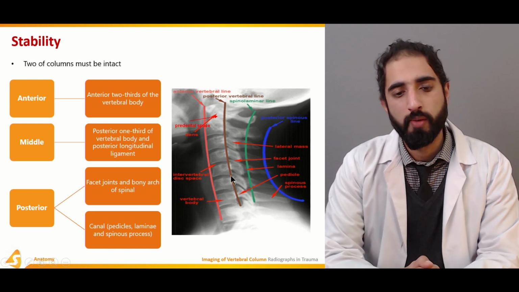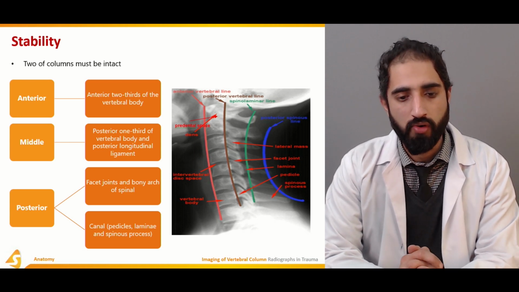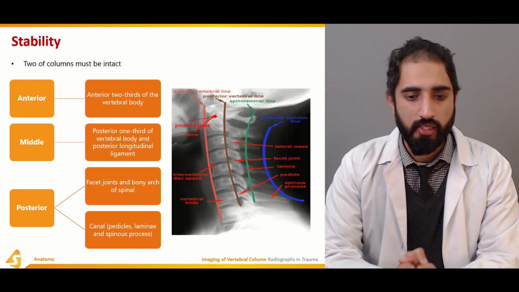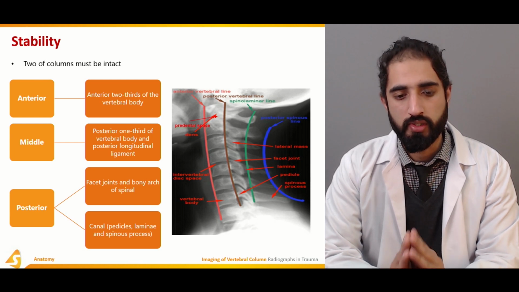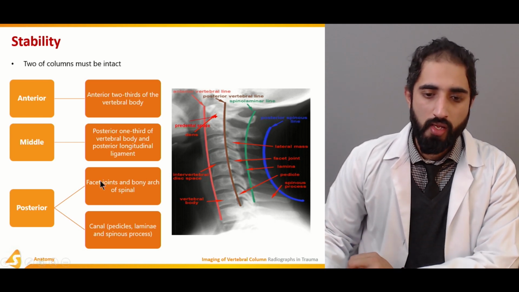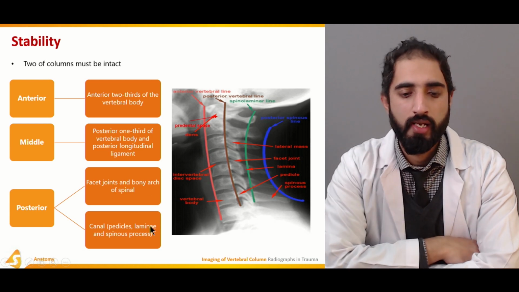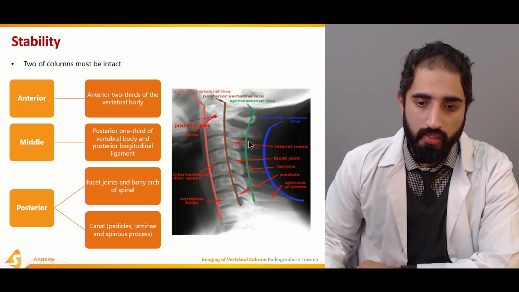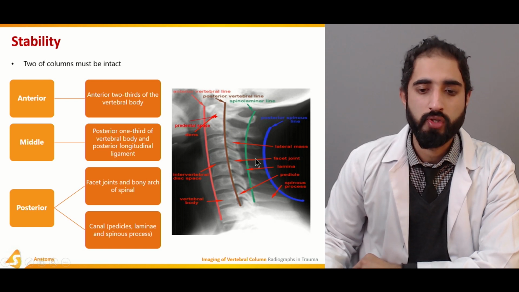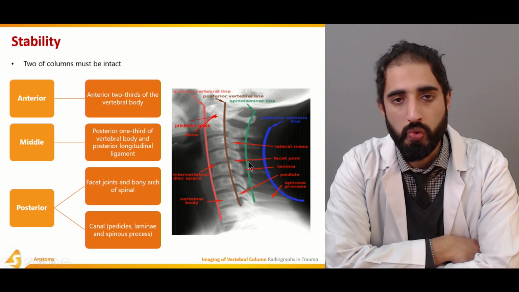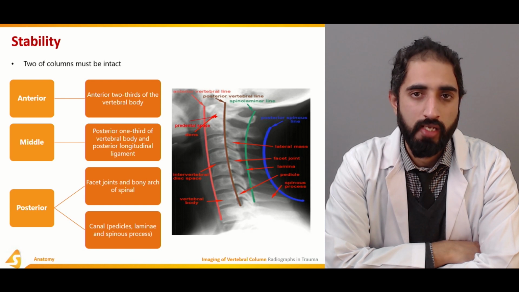The posterior one third of the vertebral body and the posterior longitudinal ligament is the middle column, and the posterior column has two parts: the facet joints and the bony arch of the spinal canal, which is the pedicles, lamina, and spinous processes. So this part here is the posterior column. If there is disruption in more than one, which means at least two of these columns have a notable disruption, then it means that stability has been compromised.